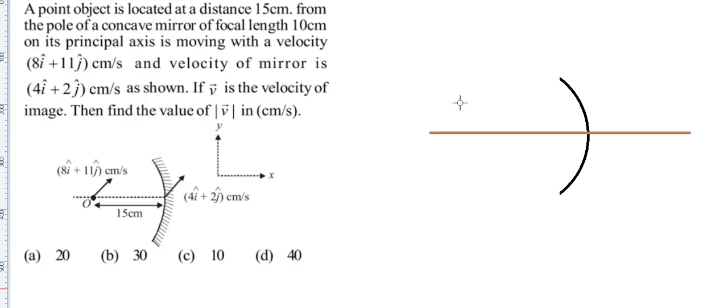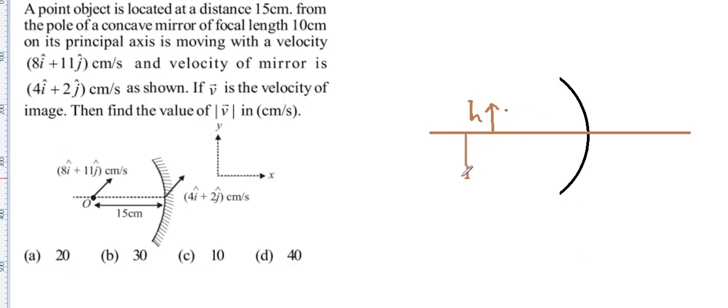This is a concave mirror on your screen, and in a concave mirror we know that if you keep an object here vertically upward, whose size is h, the image will be formed somewhere. Depending on the distance, the image will be formed somewhere.